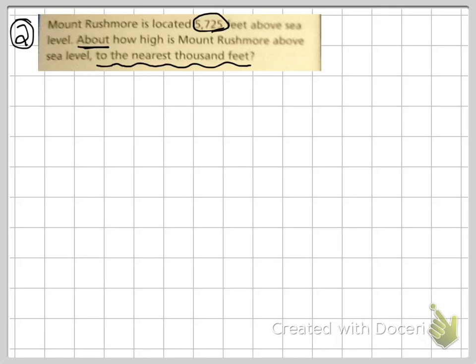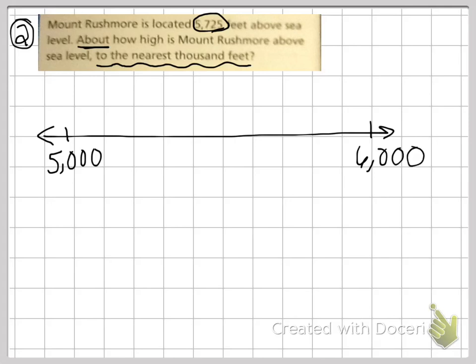Alright, so I'm going to show you this two different ways. The first way is going to be using the number line that we just used before, but this time we're going to be using thousands place. So 5,725 is in between 5,000 and 6,000. So set it up with 5,000 on the left, and the next 1,000, which would be 6,000 on the right. And in between 5,000 and 6,000 would be 5,500.